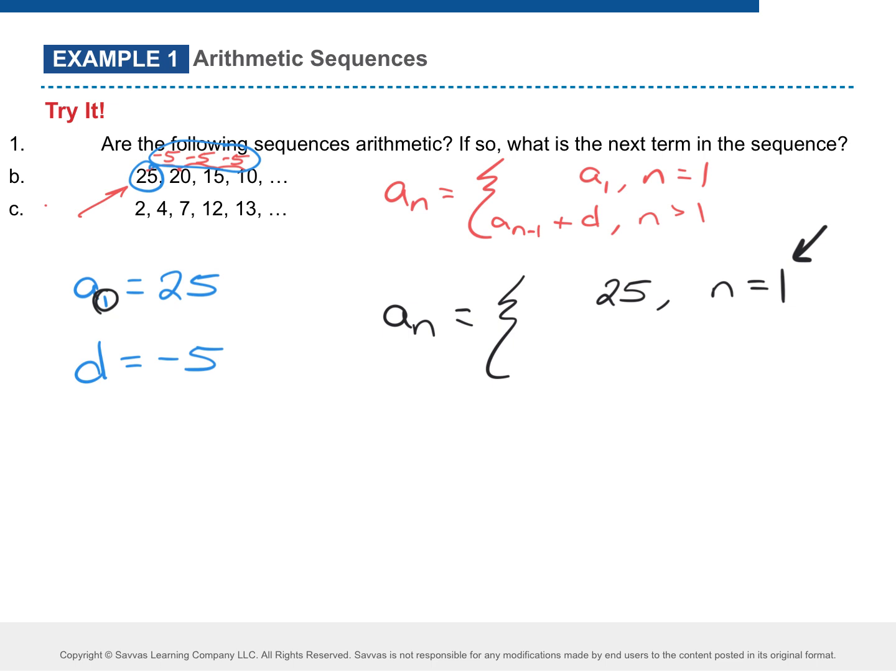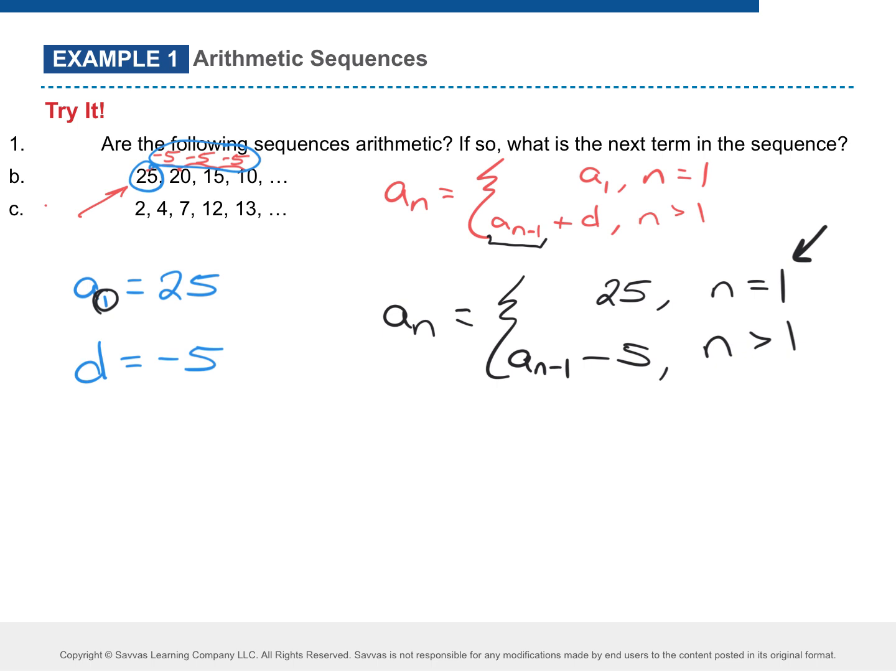Remember, whatever number this is, that's the N value. And this part right here is always going to stay the same. So we have A to the N minus 1, and then what did we say D was? Minus 5. Yep. And then for all the other values greater than 1.